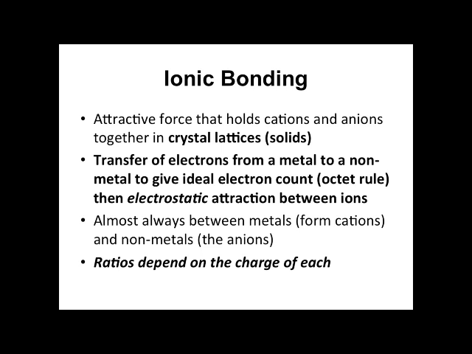Then you have these two things that are positive and negative, and as we know, opposites attract. They'll have this electrostatic attraction that will hold them together. If we look at sodium chloride, table salt, you have sodium with 1 valence electron and chlorine with 7 valence electrons. The sodium would lose the 1 electron and give it to the chlorine. Now the sodium is positive, the chlorine is negative, and they stick together. That's how we form ionic bonds.